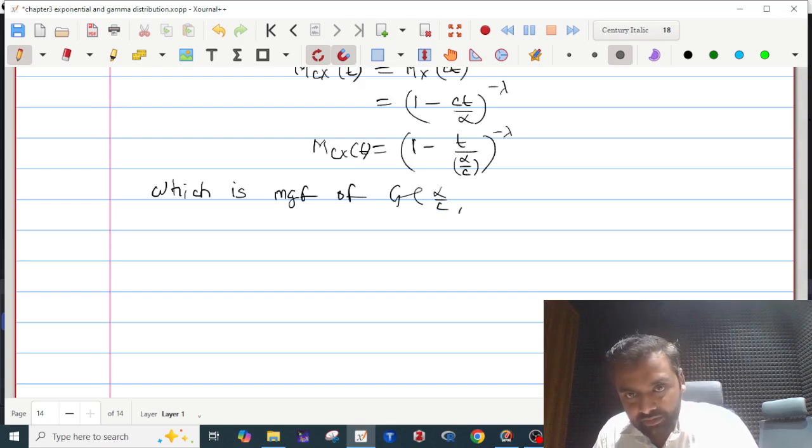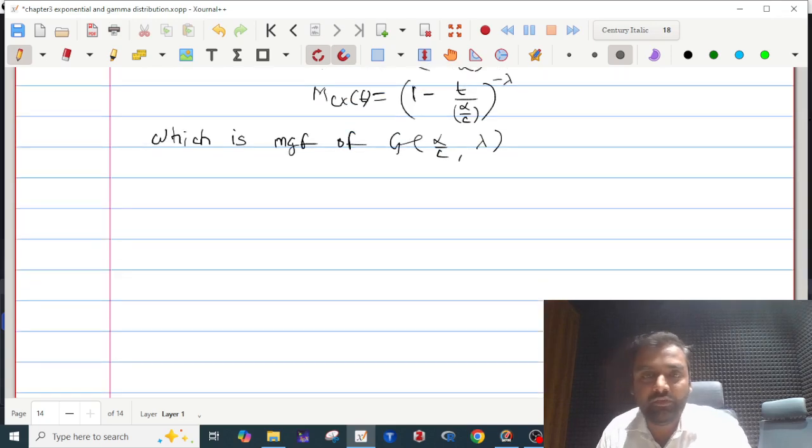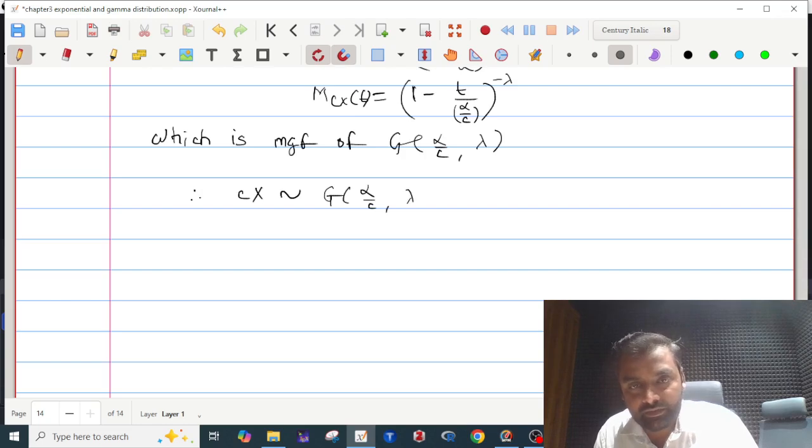Therefore, by the uniqueness property of MGF, cX follows gamma distribution with parameter alpha, lambda upon c.